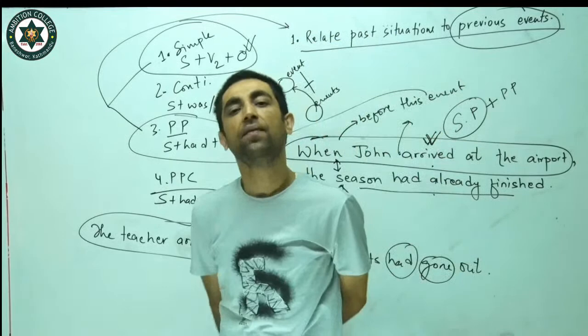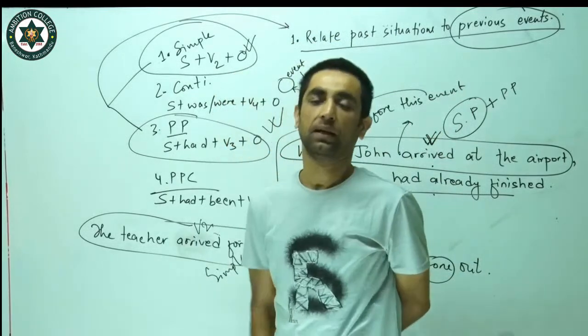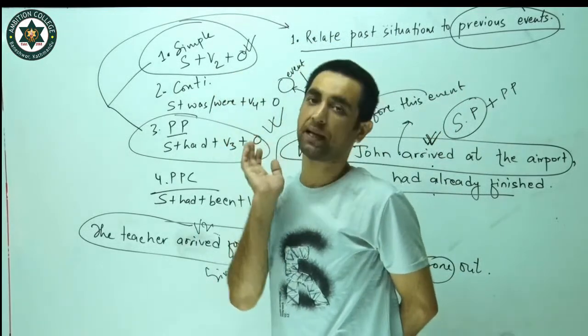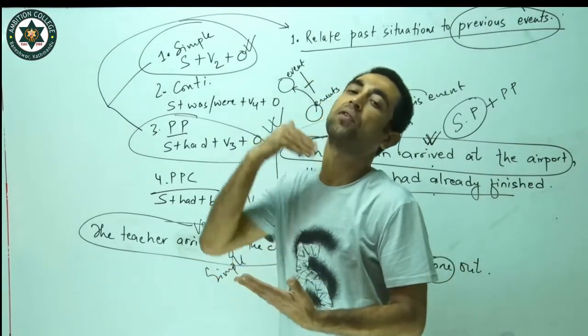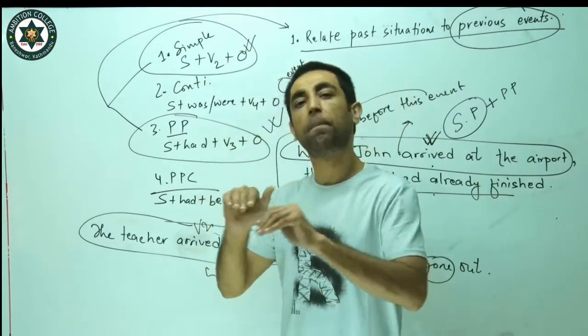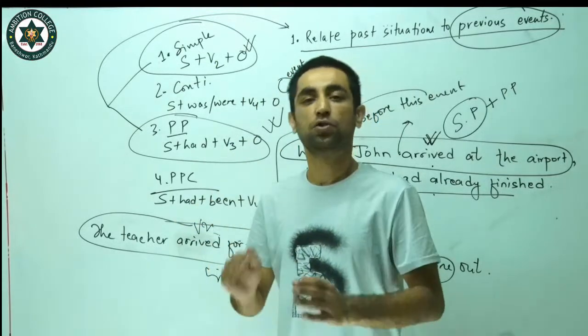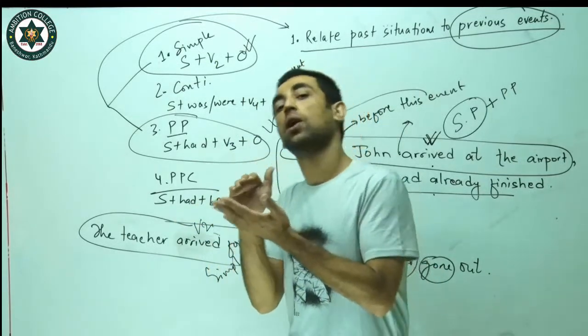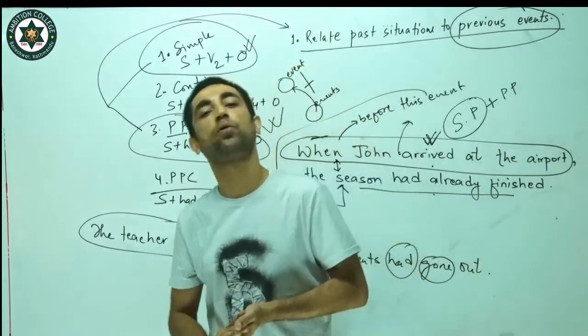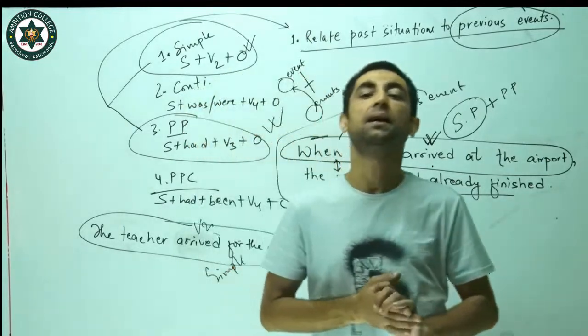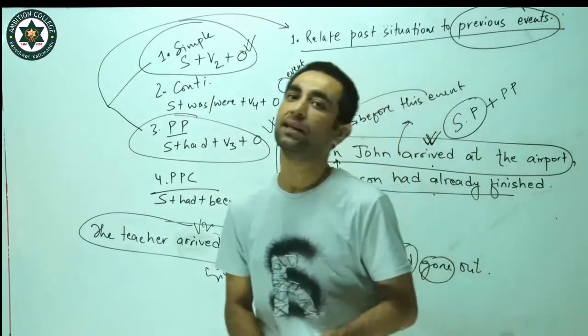What had they done? They had cleaned the table. I went to the table and I saw that the table was cleaned. This thing was already done before my event happened. So the thing that is done before my event, I am supposed to present in past perfect tense.